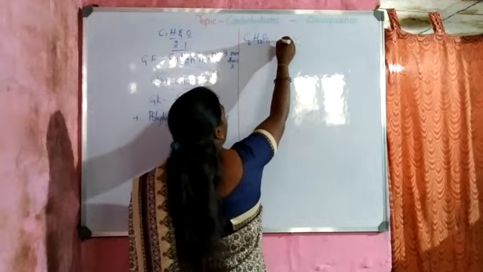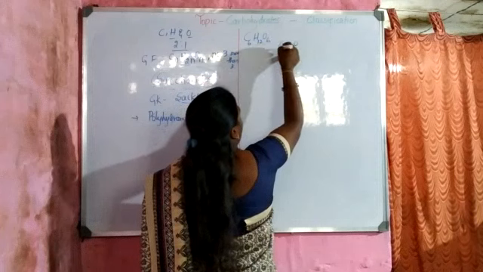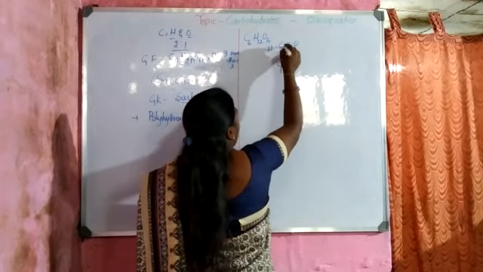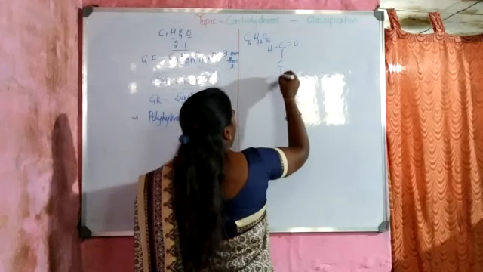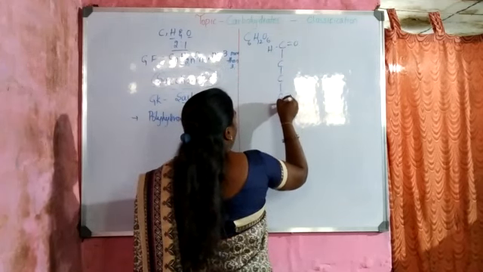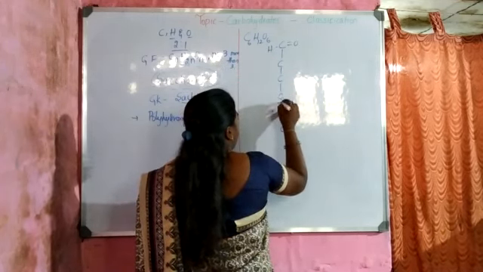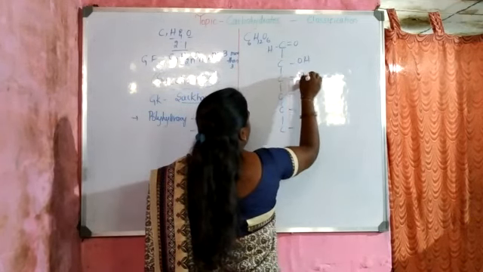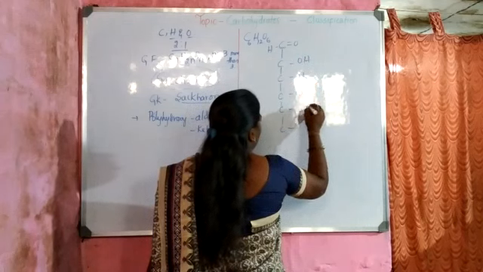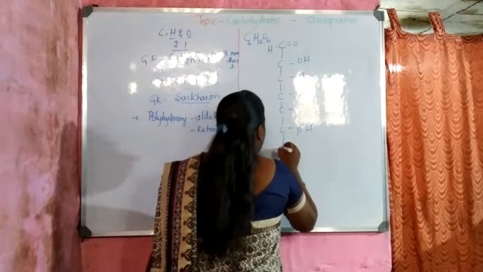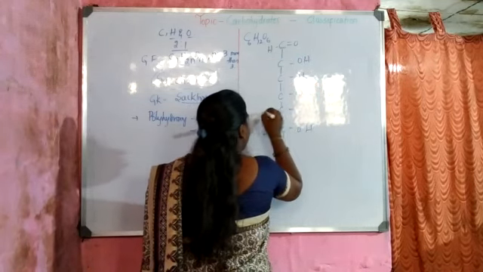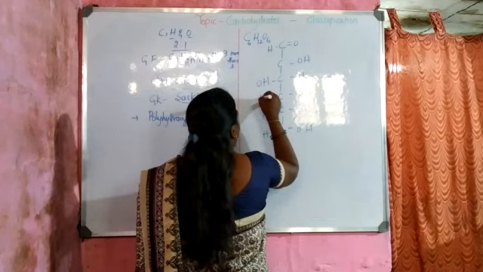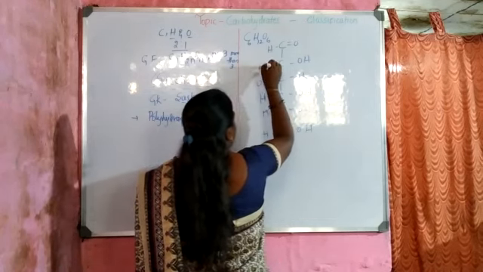The structure of glucose is one of the aldehyde sugars, with six carbons.